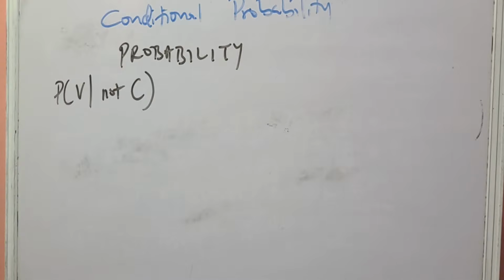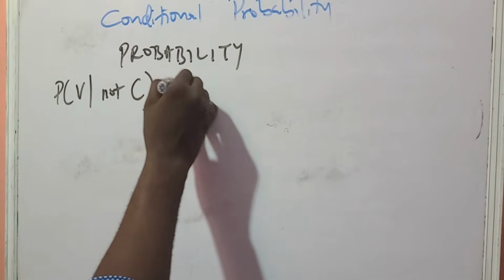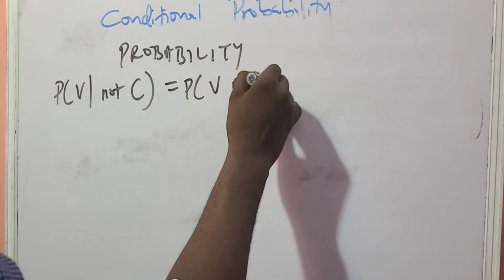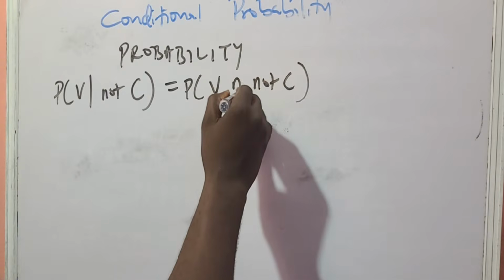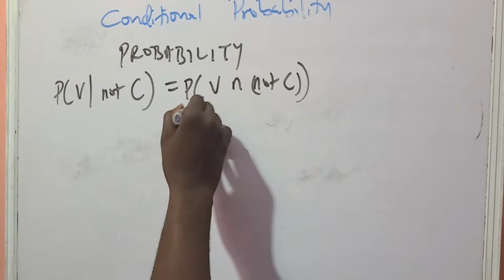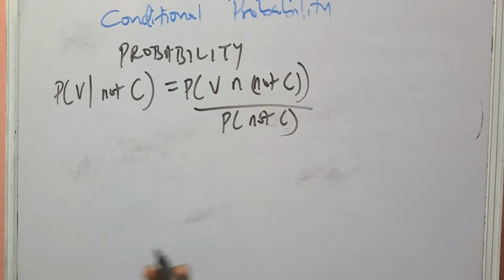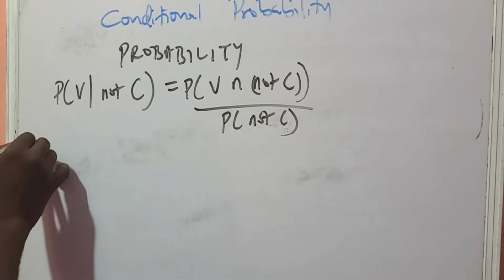Now, of course, you know this will be probability of vowel intersection not consonant, over probability of not consonant. I asked you in a question we solved some minutes back: when you say not consonant, what is not consonant?